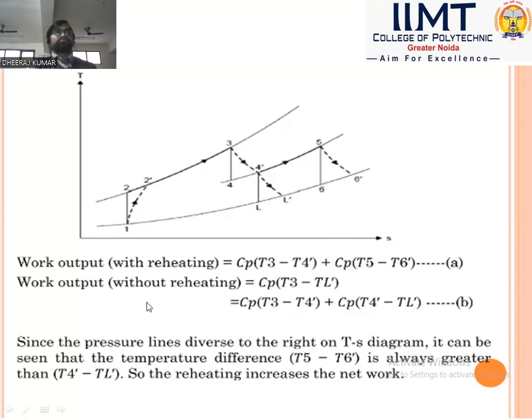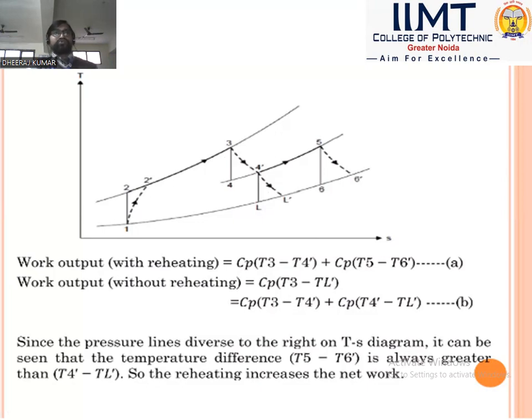Work output without reheating is Cp (T3 minus TL dash). If the cycle is extended, this is the actual cycle and this is the actual isentropic work where no reheating takes place.